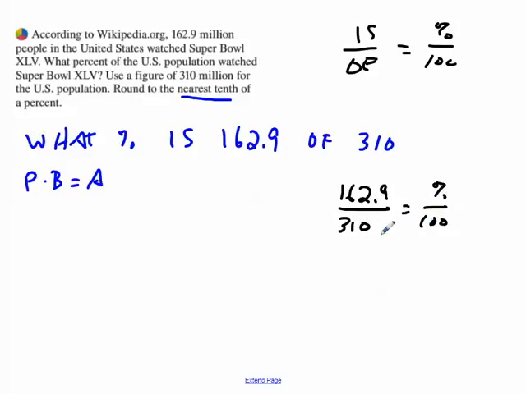Cross multiply: 162.9 times 100 equals 310 times x. I'll put an x up here just so we know we're solving for that. Now we can just solve for that. 162.9 times 100 divided by 310 equals, I'm going to say it's about half.